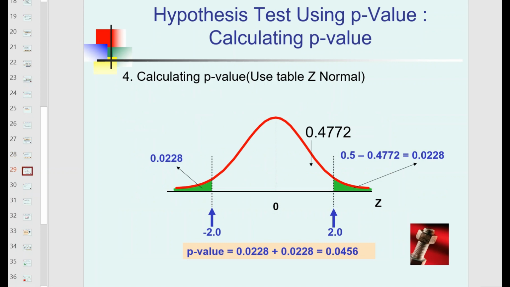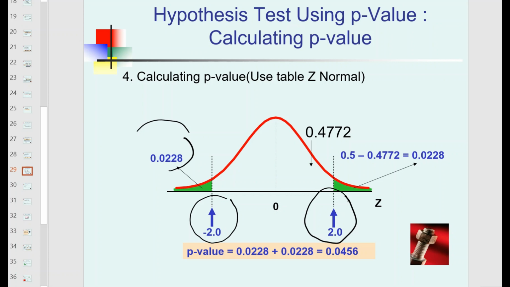Okay, so how do we get this 0.0228 value here? Calculating p-value, use the Z normal table. The critical value that you get here is negative 2.0, and on the positive side it is 2.0. So you open your Z table and refer to the value of Z equals negative 2.0 and positive 2.0.